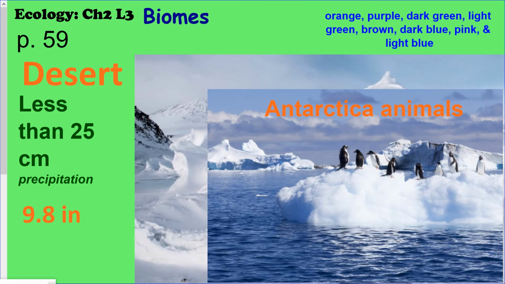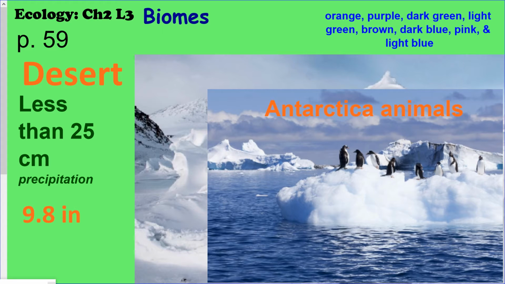But then we have to look at Antarctica, right? Because Antarctica is classified as a desert. Why? Because it gets less than 25 centimeters of precipitation every single year. But it's covered with ice, Mr. B. I know it's covered with ice. And yes, at some point there was precipitation down there, but because it's directly facing away from the sun and pointing to the bottom part of our planet, which is the coldest region, it never is going to get more precipitation, right?